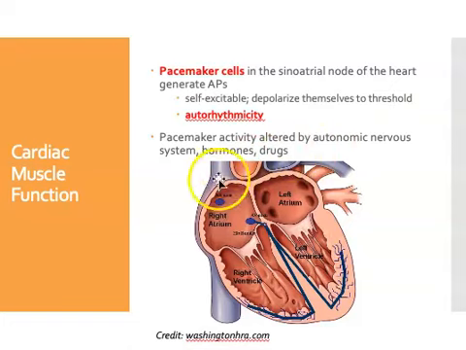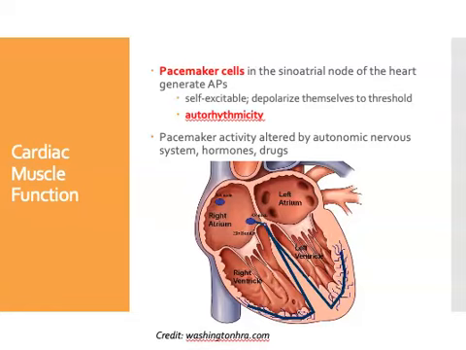Now, even though these cells generate their own action potentials, it's important to know that there is nervous system impact on the heart as well, particularly the autonomic nervous system is in touch with, in communication with the heart. Remember, if you're not familiar with this term, the autonomic nervous system is the involuntary nervous system.